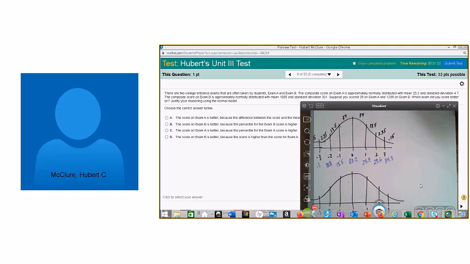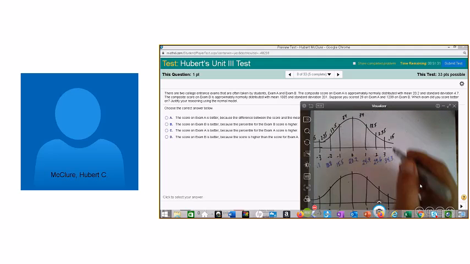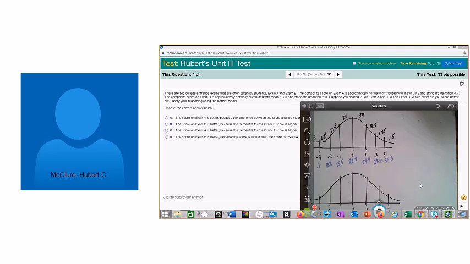I'm not going to rewrite everything, since it's the same percentages. And this one says, suppose you score, let's see, what does it say? The composite score for exam B is 1035 with a standard deviation of 201. So that's going to be 1236.